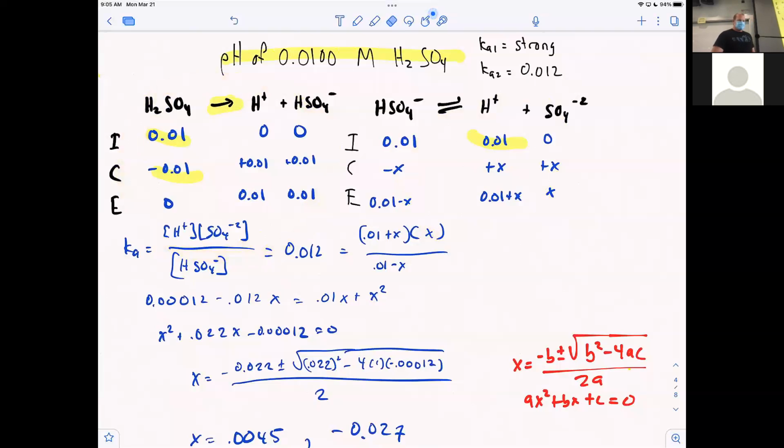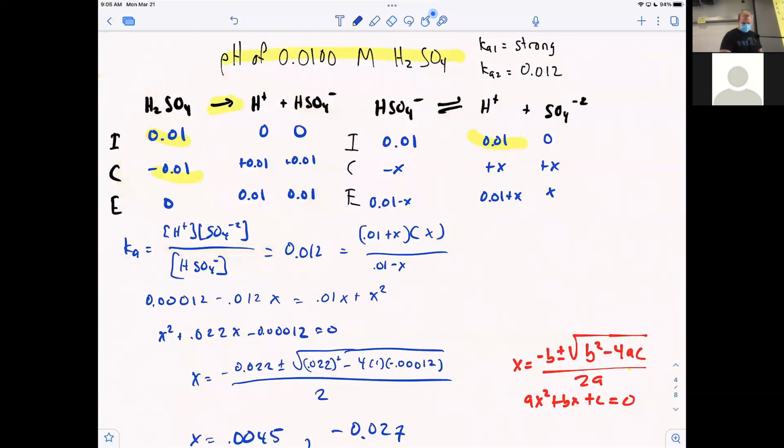But anyways, with sulfuric acid, the first hydrogen is strong, which means it completely shifts to the right. We don't have to do an equilibrium.